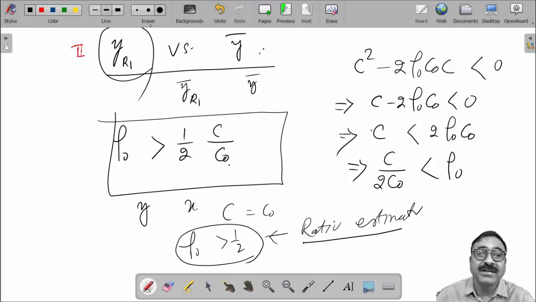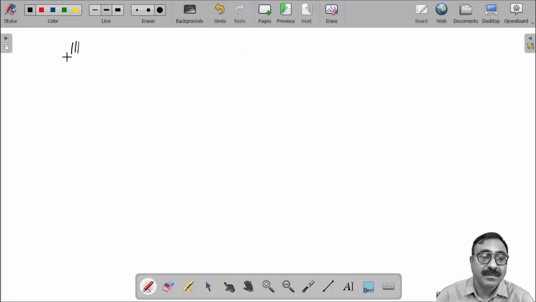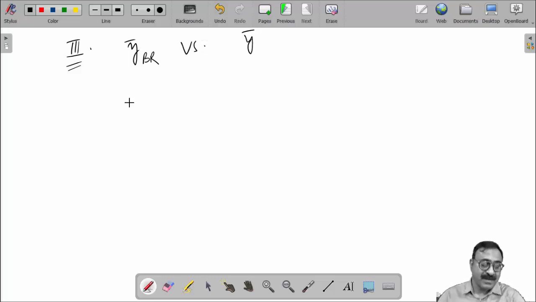Now the third case: comparison between the bivariate ratio estimator and the simple mean estimator.